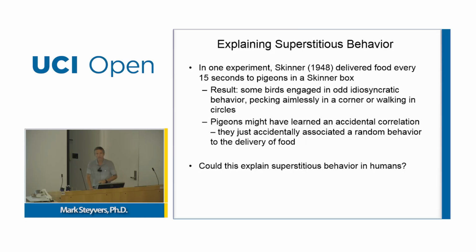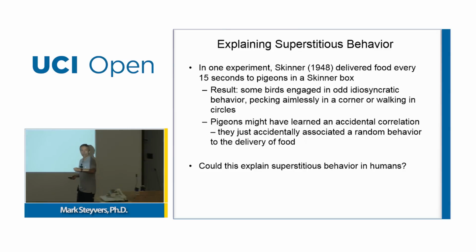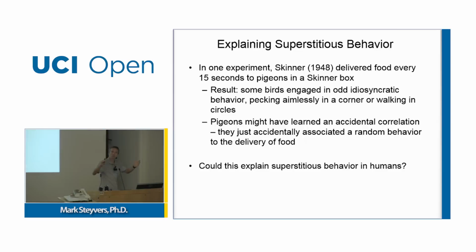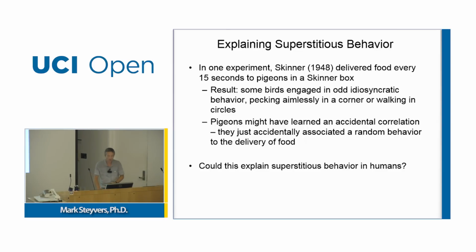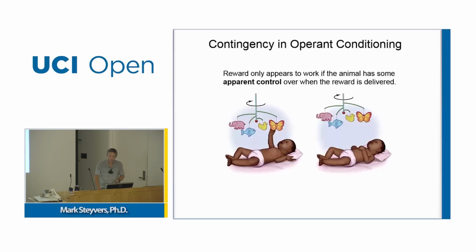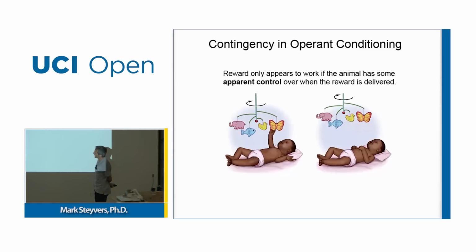So by strengthening, by giving rewards, you might strengthen desirable behavior, but occasionally also strengthen behavior that is non-consequential or has no relationship. So one of the keys for learning is, again, this concept of contingency. Contingency was very important in classical conditioning.